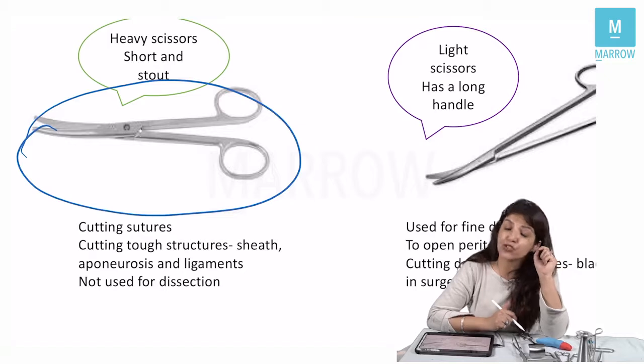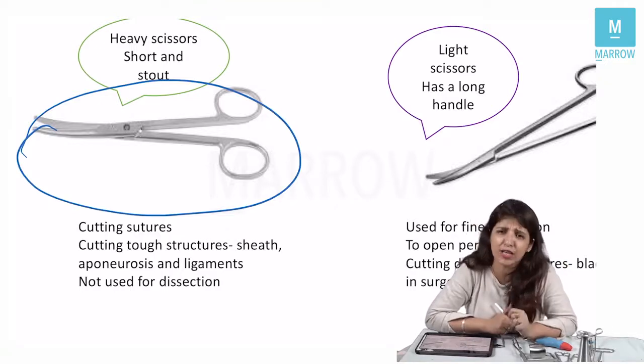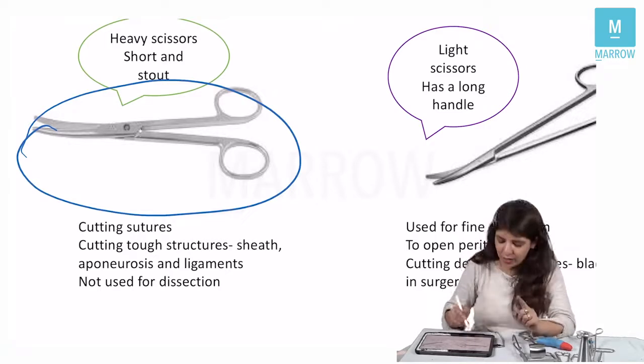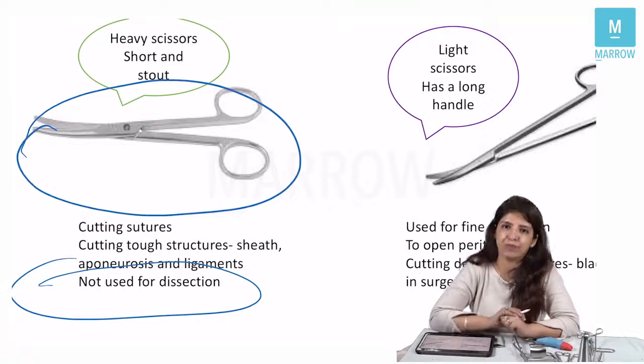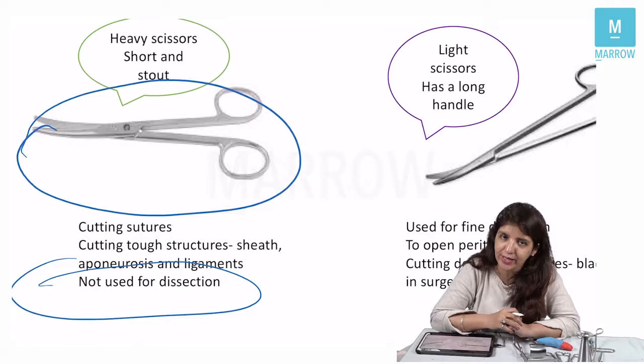Right? So tough structures like, if you have to cut an aponeurosis or a ligament or rectus sheath or any sheath, then you are going to use a Mayo scissors. Mayo scissors should never be used for dissection, right? It is a short, heavy, stout scissors, right?